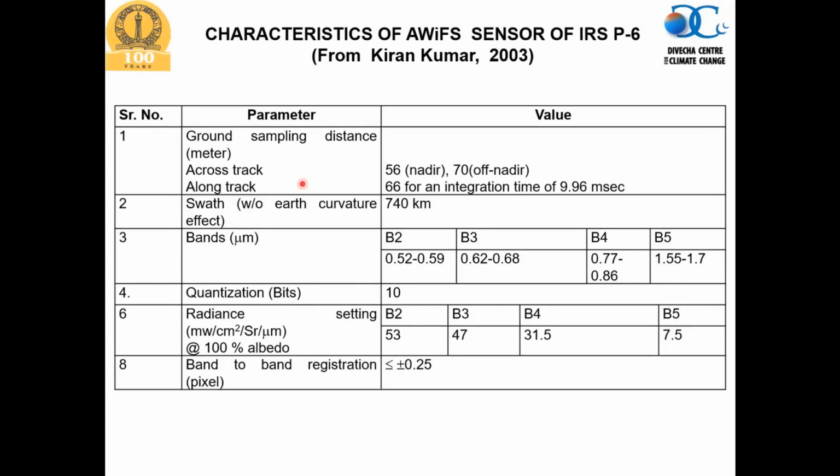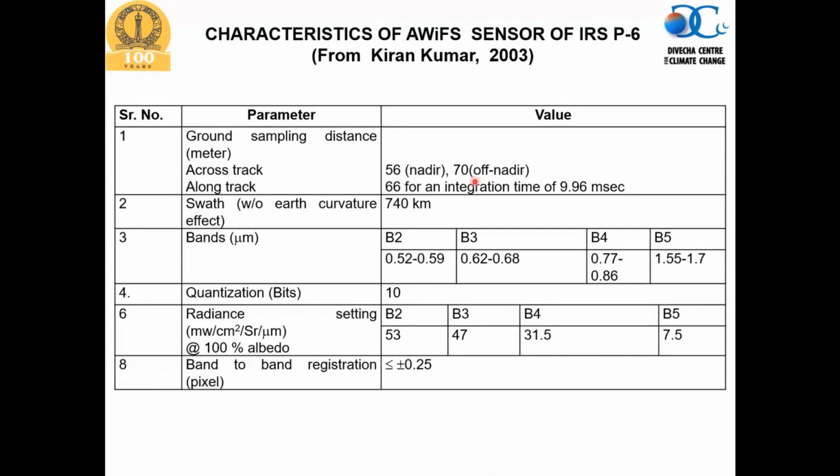Along the track means in the direction in which the satellite is moving, and across the track means perpendicular to the direction in which the satellite is moving. If you really look into the across the track, it has a 56-meter spatial resolution at Nadir. Nadir is the point which is exactly downstream from the satellite, and 70 meters off Nadir.